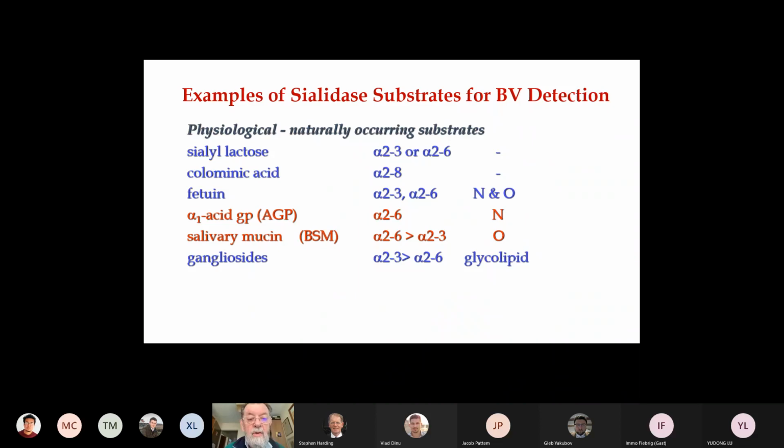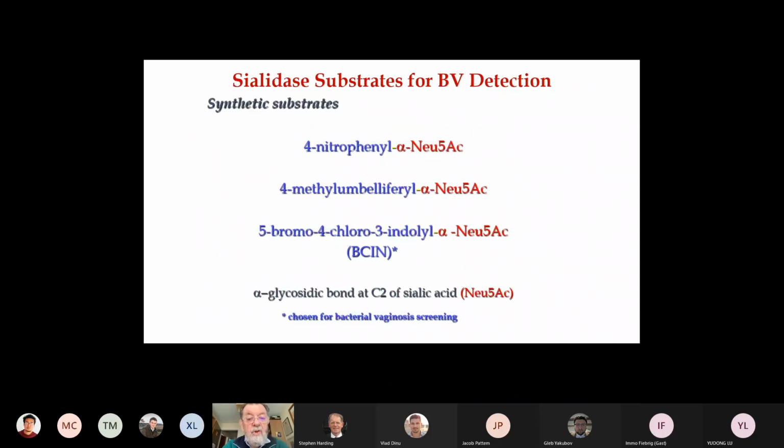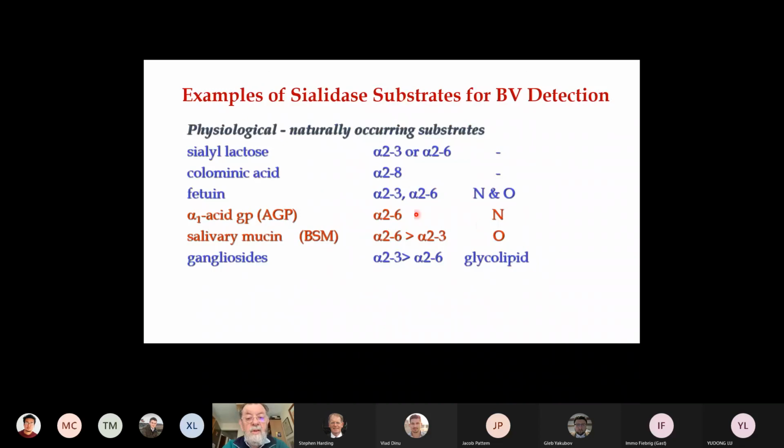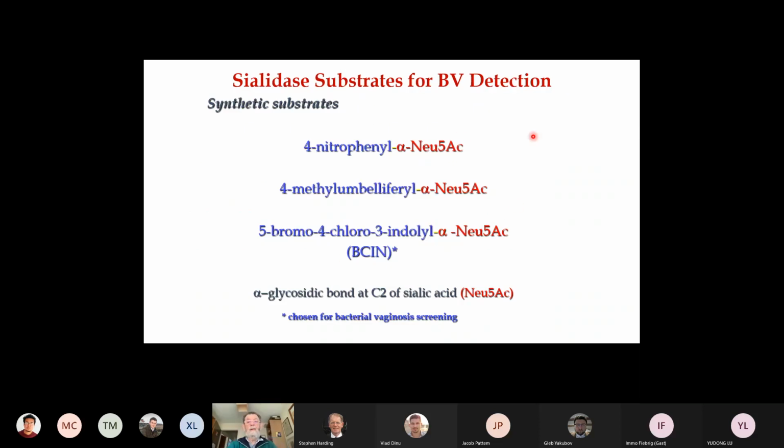Or we could use glycoproteins, which would be the easiest to use in a rapid assay. We could use fetuin, alpha-1 acid glycoprotein, or salivary mucin, or we could use glycolipids, the gangliosides. The ones in red are the two that we chose to use, and these are glycoproteins that have N- and O-linked sugars.